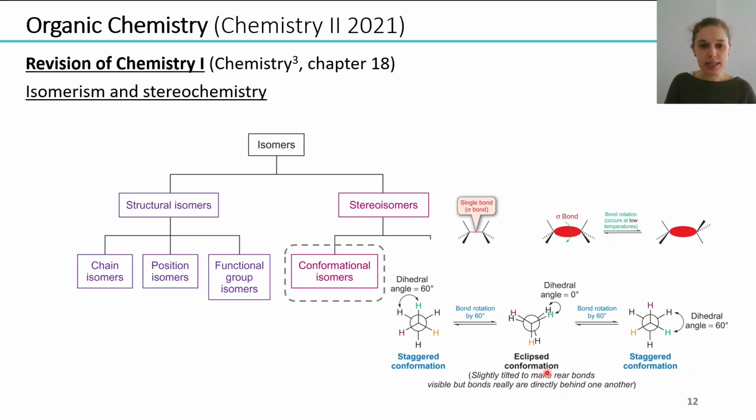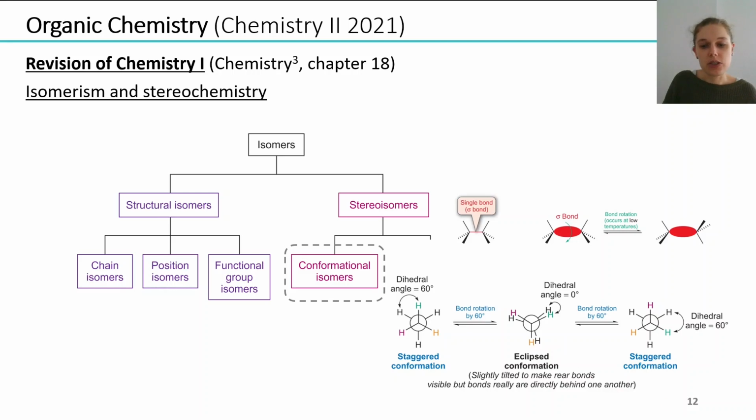The staggered conformation is the more stable conformation, as then all hydrogen atoms or functional groups are as far as possible apart from each other. Conversely, the eclipsed conformation is less stable, as you can see that you have an interaction between hydrogen atoms, which are now quite close to each other.